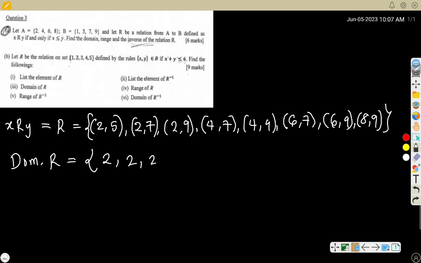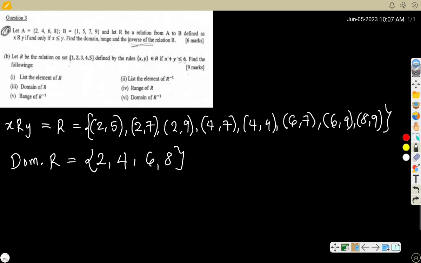Don't repeat numbers. So the first you have picked is 2, skip the other 2s. Then the next one is 4, skip the other 4s. The next one is 6, skip the other 6. Just pick each number once. Then 8. So the set of all first elements here is the domain, that means the domain is 2, 4, 6, 8.